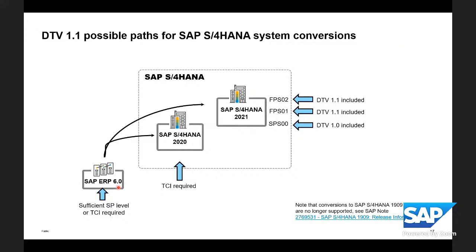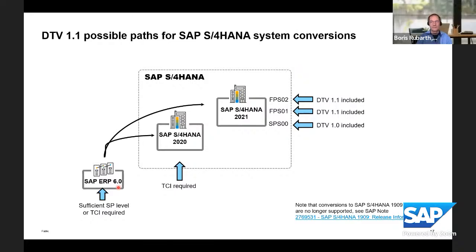One more corresponding question to previous ones. Which SAP functional areas are covered by the data validation tool, FI, MM, SD, what else? Yeah, that's a crucial point, of course. The question, what's the scope? I just said, well, the scope is extended.